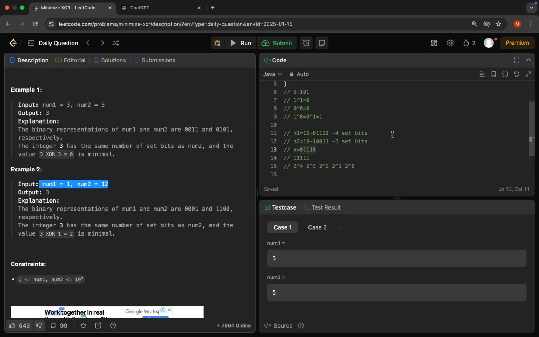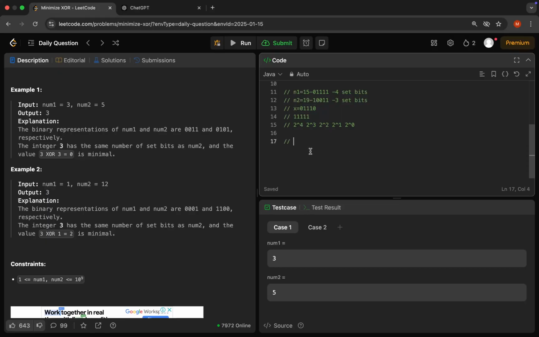Okay, I will take another example. It was the example as you can see here. N1 equals 1, which can be represented as 1 in binary, and N2 is 12, which can be represented as 1100, which consists of 2 set bits.